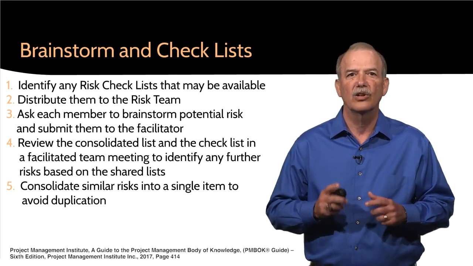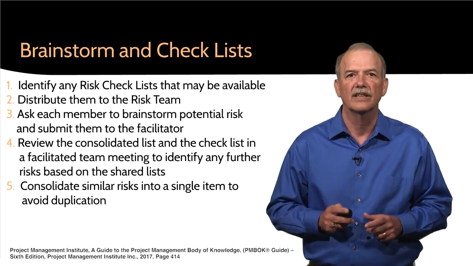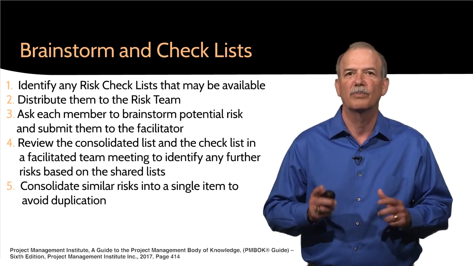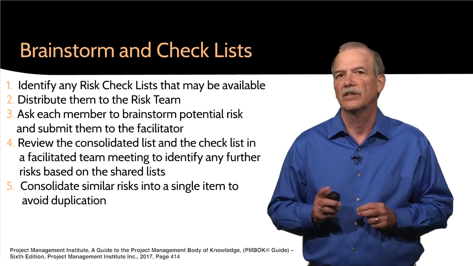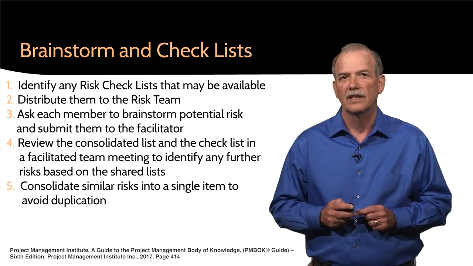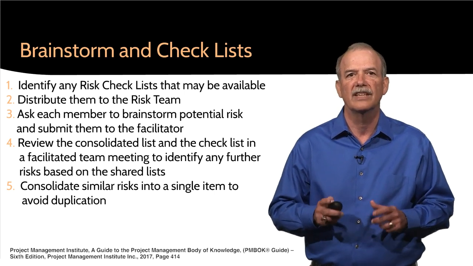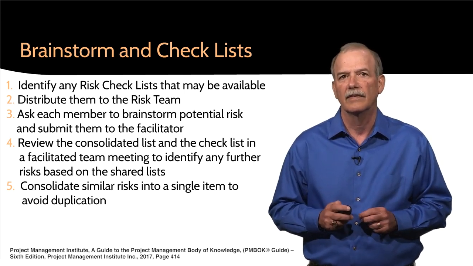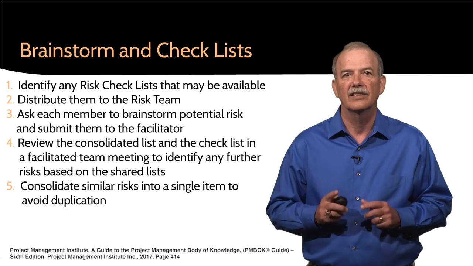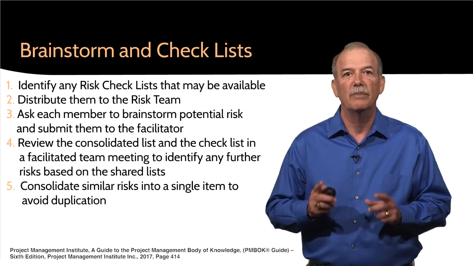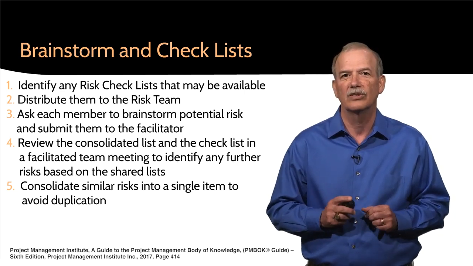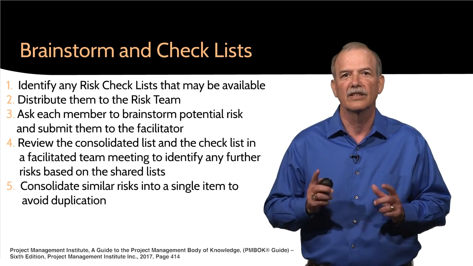Many organizations also have a checklist of potential risks that they have accumulated based on their project history and the input of such experts. If such a list is available, we should review this list to see if it generates any additional ideas. In fact, the ideal time to complete this step may be in conjunction with a facilitated brainstorming session to take advantage of the knowledge of the group.